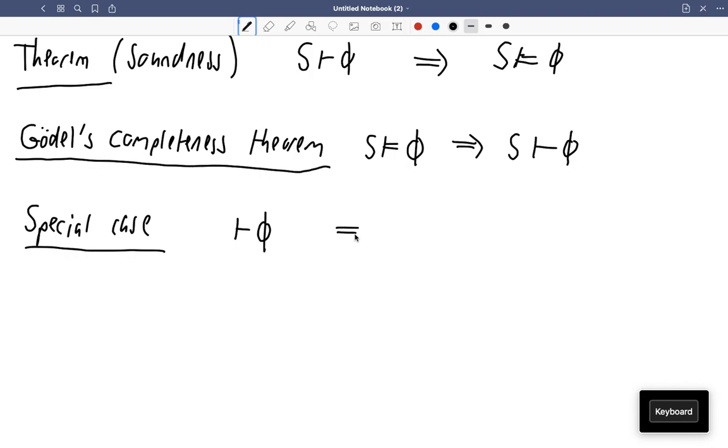We can prove the sentence outright if and only if it's entailed by the empty set of sentences. I won't write the empty set here because it'll look a bit too close to phi. And once again, this means entailing by the empty set of sentences, like in propositional logic.